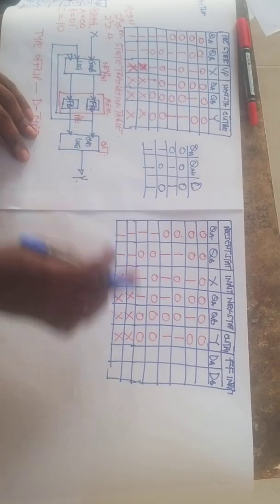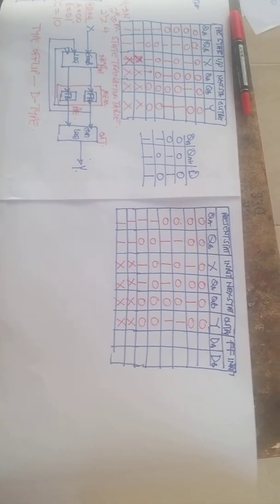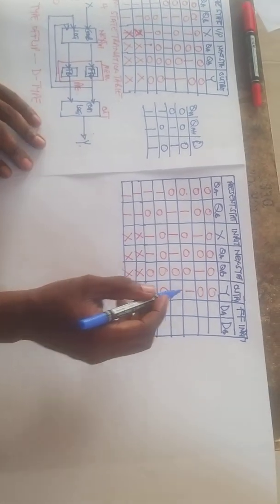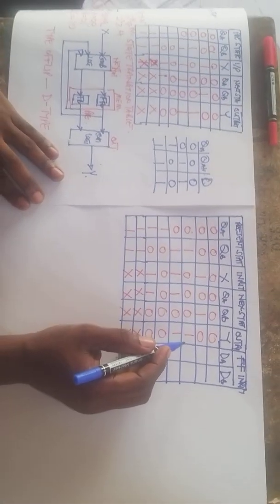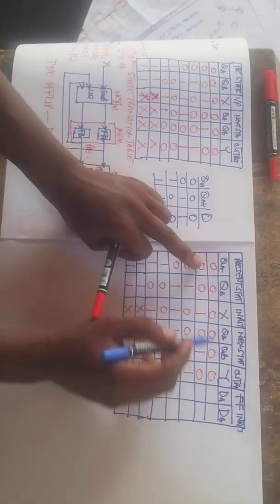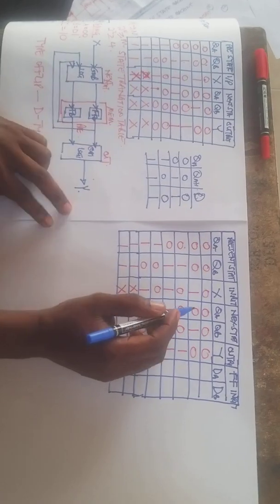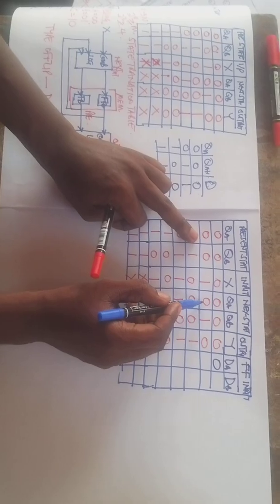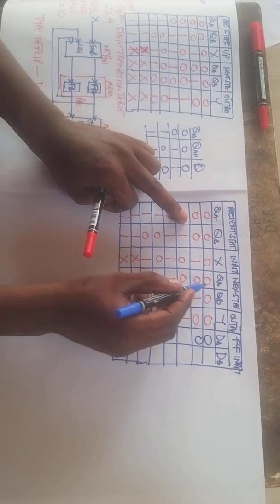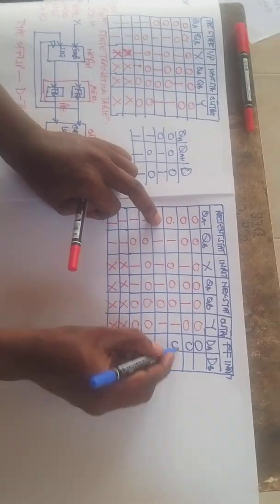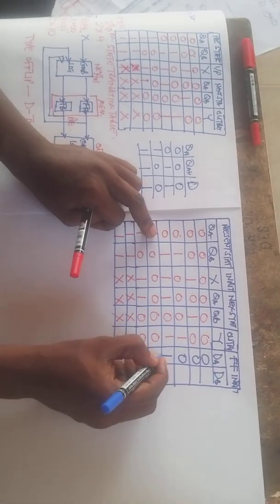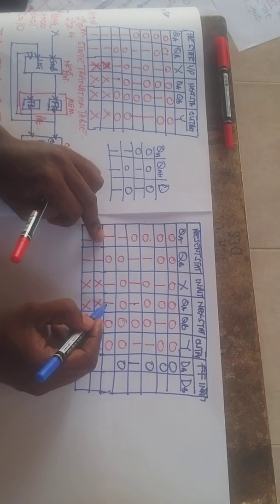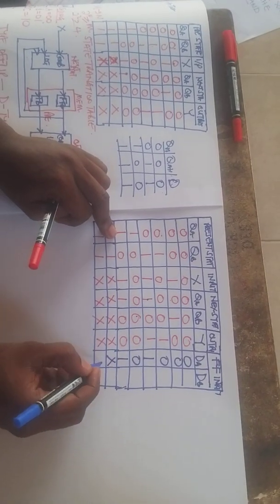We are going to use this to fill here. So for DA, we are going to use the present state and the next state. 0, 0 is 0. 0, 0 is 0. 0, 0 is 0. 0, 1 is 1. 1, 0 is 0. 1, 1 is 1. Don't care, don't care.